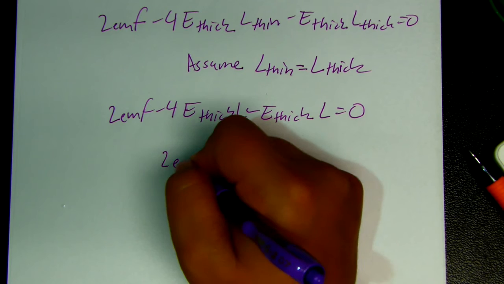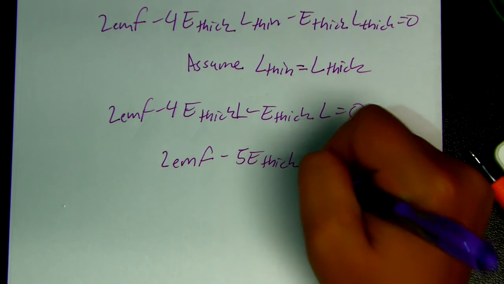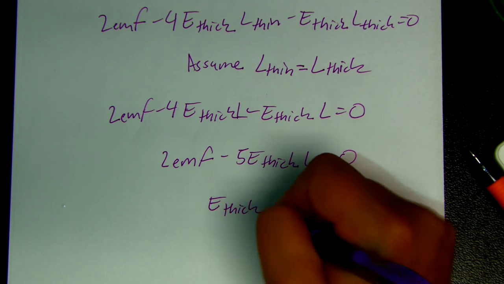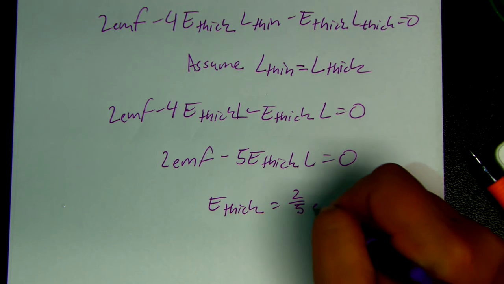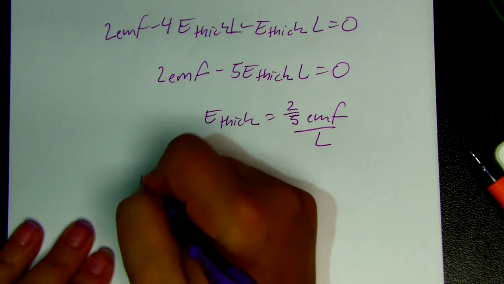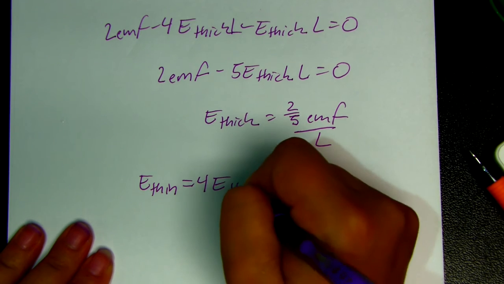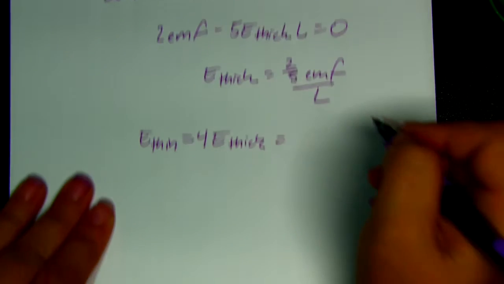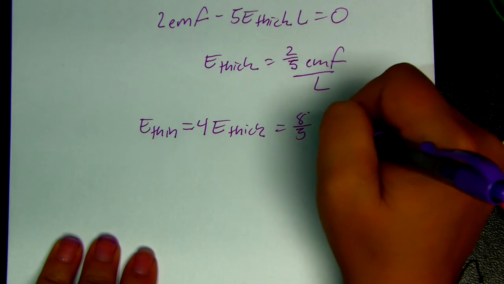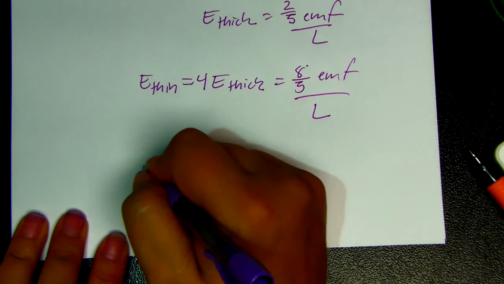And from here we get 2 EMF minus 5 E thick L is equal to 0. So E thick is equal to 2/5 EMF over L. And also we know that E thin is equal to 4 times E thick, which then means that it's equal to 8/5 EMF over L.